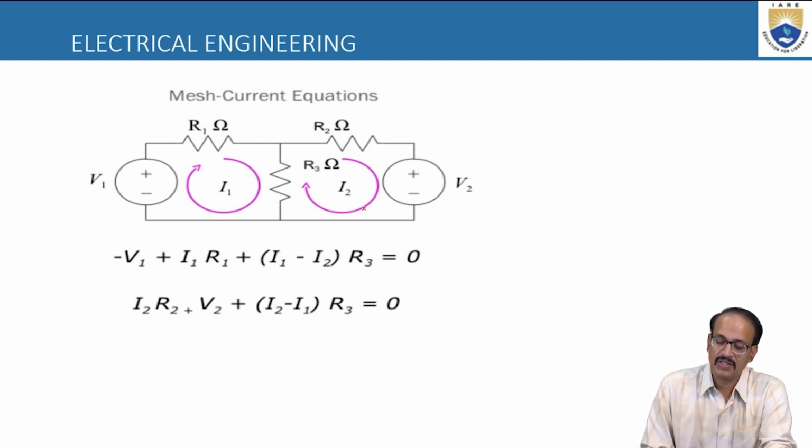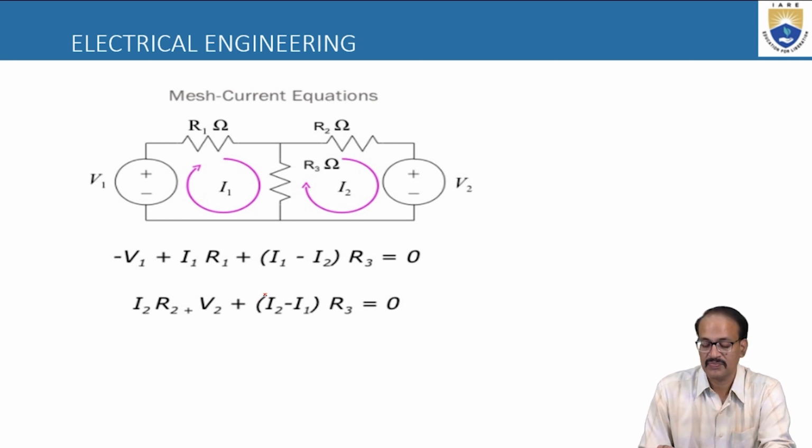So I am coming to the second loop. So here again I2 R2. Here I am able to see, if I come in this clockwise direction, I am able to see the positive sign. So I will write plus V2.